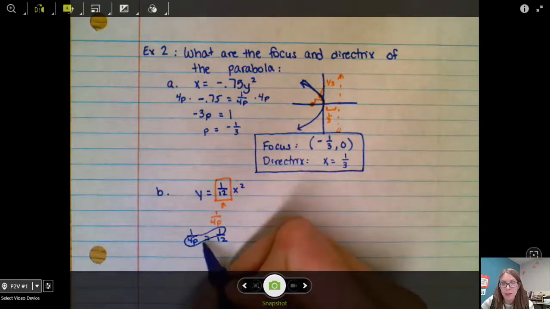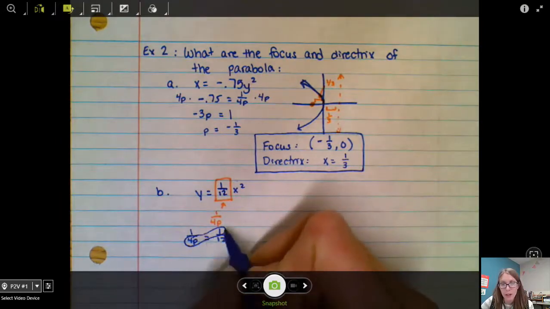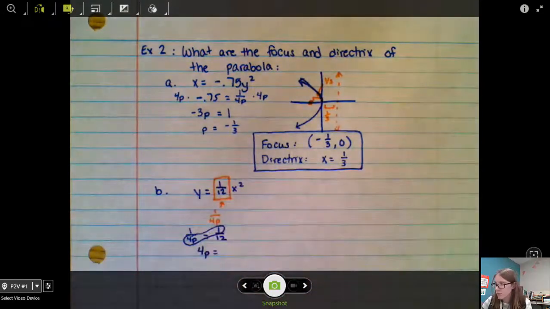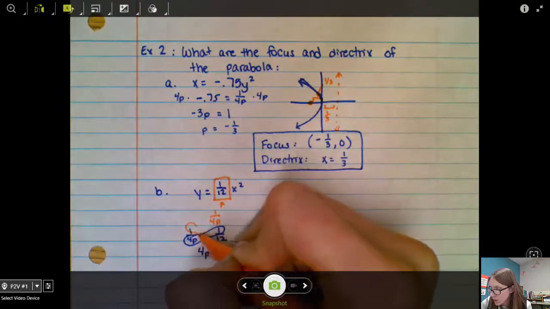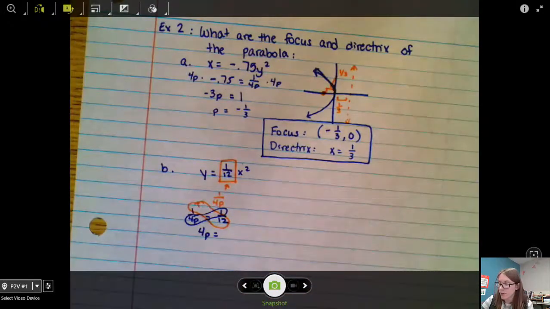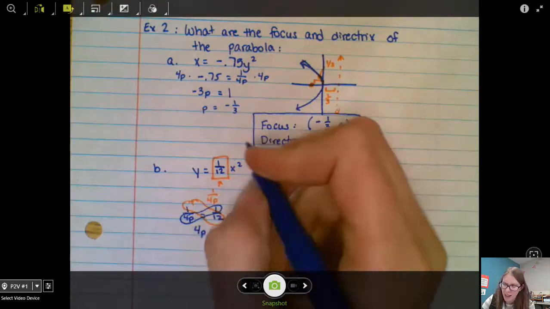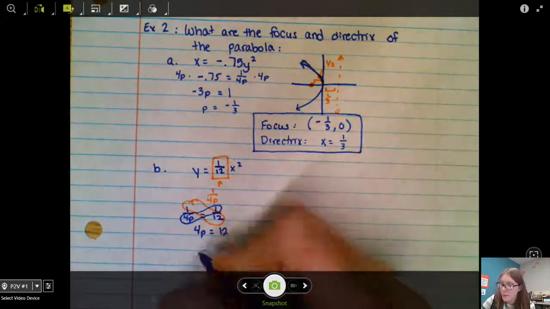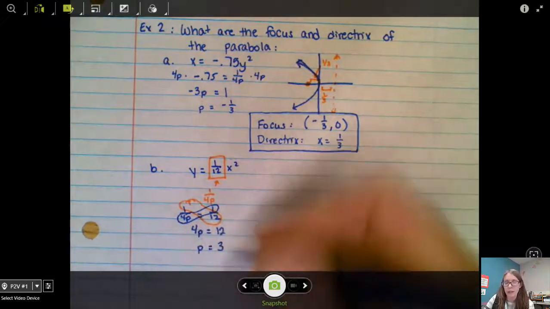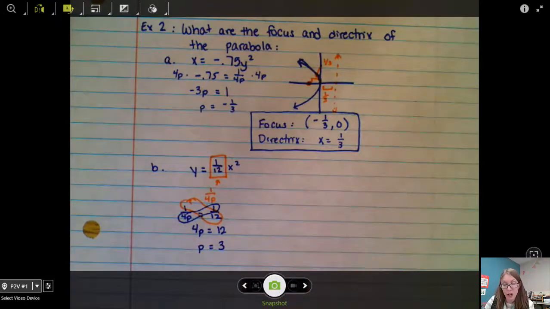When you have a fraction equaling another fraction, look at the cross products. 1 times 4p has to equal 1 times 12. And again, we get the same thing either way, because either way 4p has to equal 12. Divide both sides by 4. P is 3.